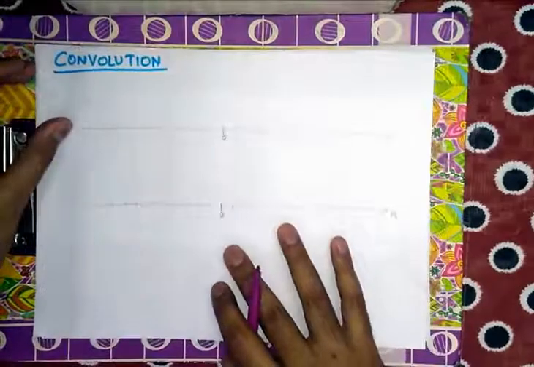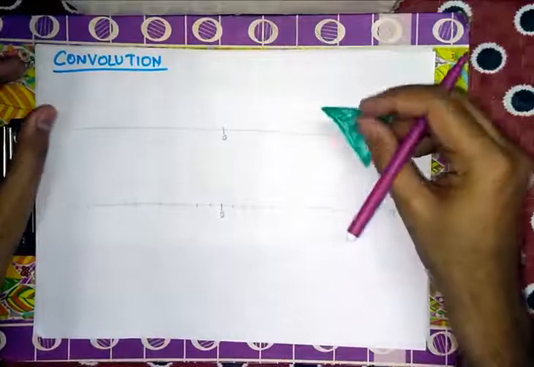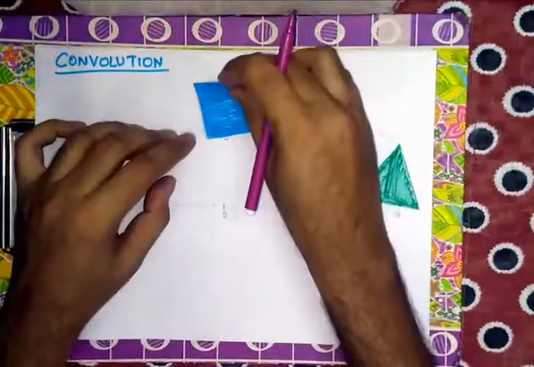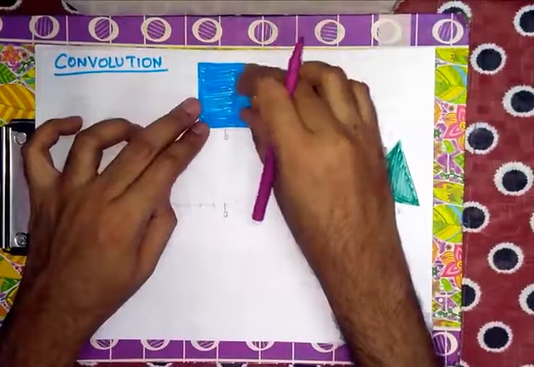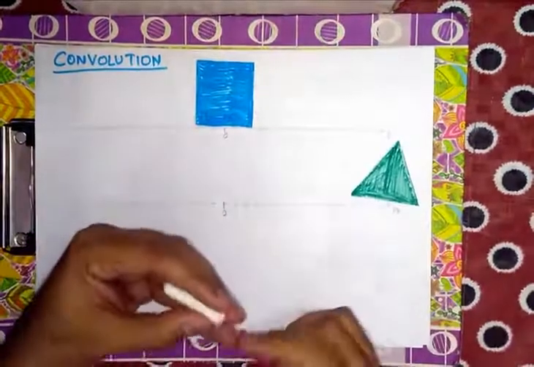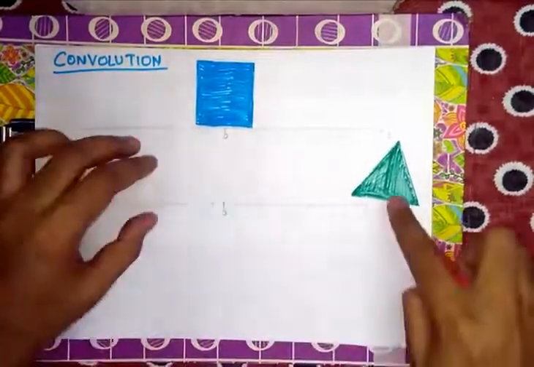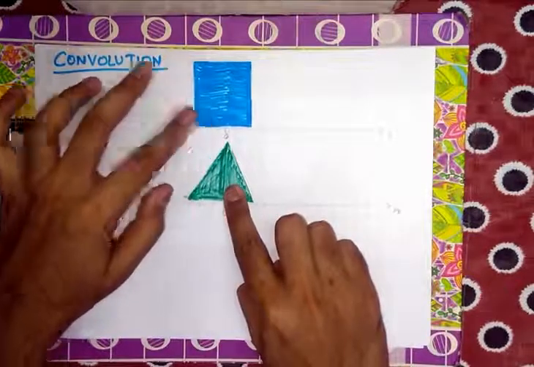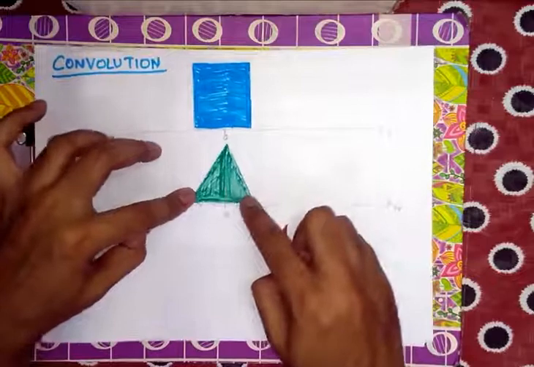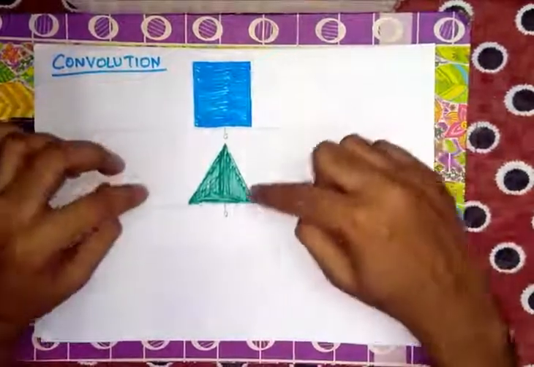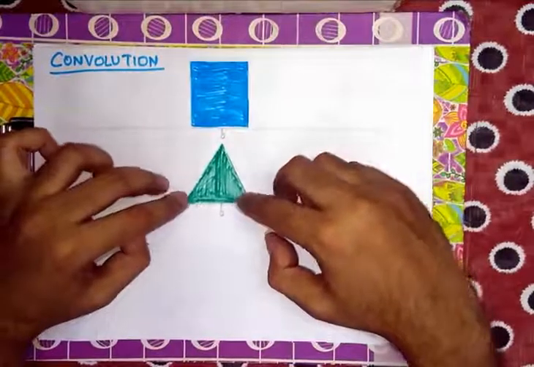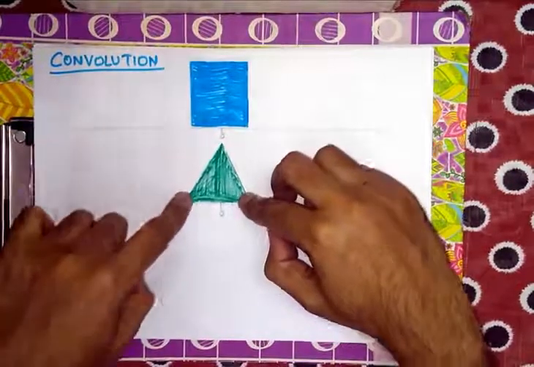Before going to the next topic, first we will study the difference between convolution, correlation and cross correlation using these sets of paper. Suppose we have two signals and we have to find the convolution of these two signals. Both signals are symmetric around the origin. So in convolution, what will we do?